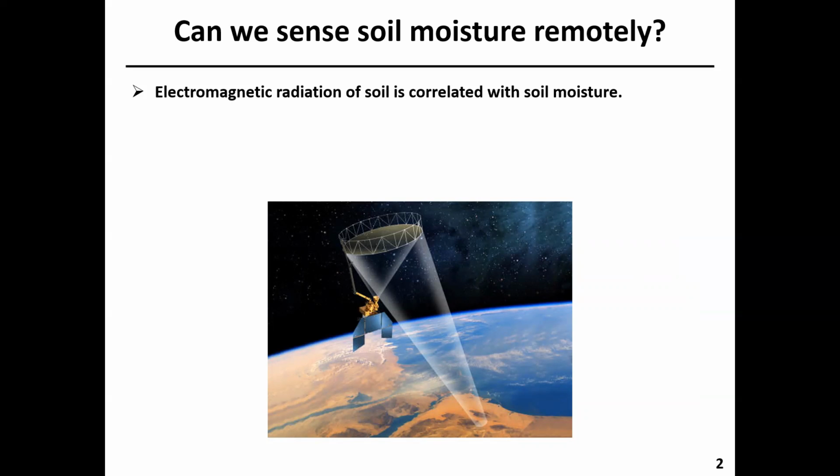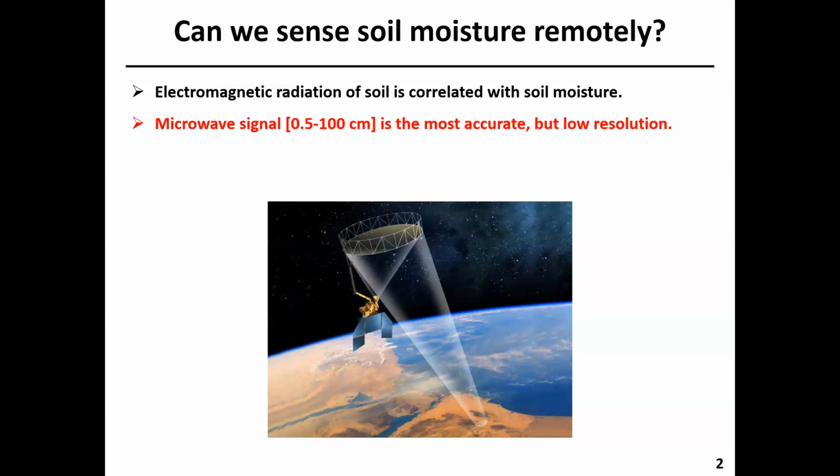Fortunately, we have a great correlation between soil moisture and the soil electromagnetic radiation at several bands. The microwave band, especially the L band, is the most promising current method for mapping soil moisture on a global scale, because it's not impacted by clouds, it has good penetration depth, so it can penetrate through the canopy and see a good amount of soil underneath the canopy.